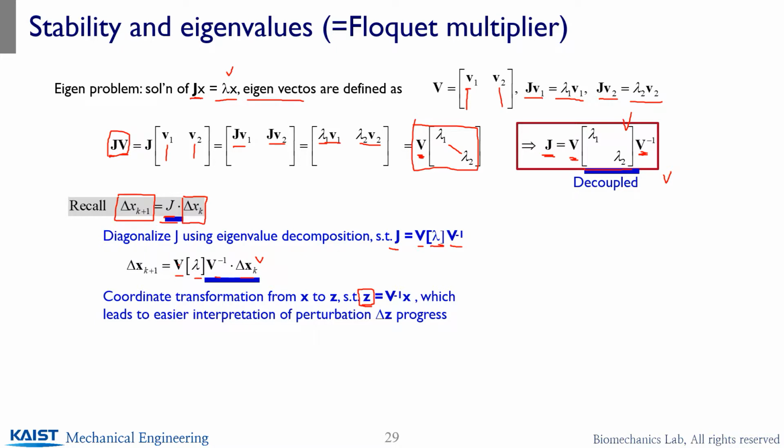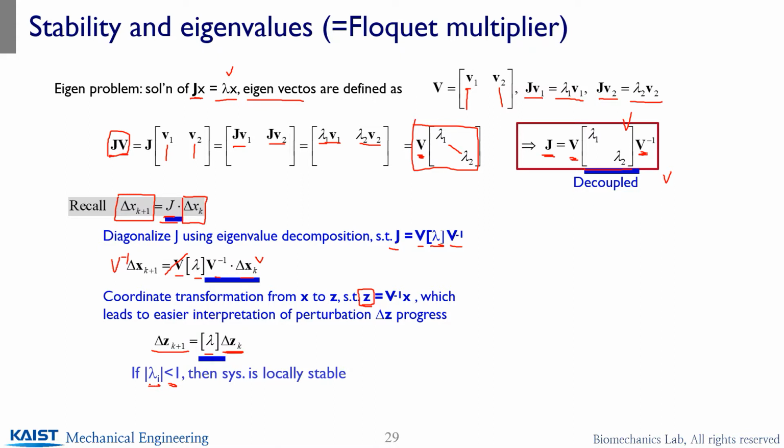So if you multiply by V inverse on the left-hand side, the terms cancel, and what you get is delta z of k plus 1, the coordinate-transformed deviation, equals the previous coordinate-transformed deviation delta z of k multiplied by the diagonalized Lambda. So you can easily tell whether it is going to get larger or smaller depending on the lambda values, by comparing whether each is less or greater than 1.